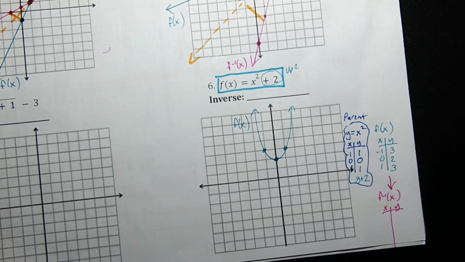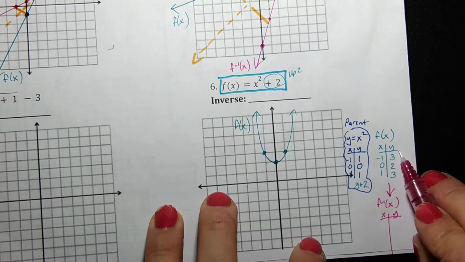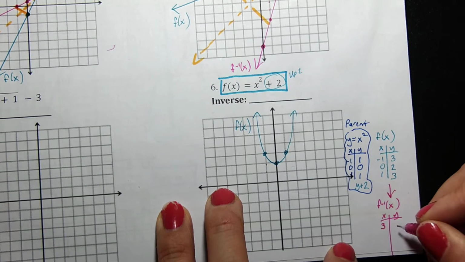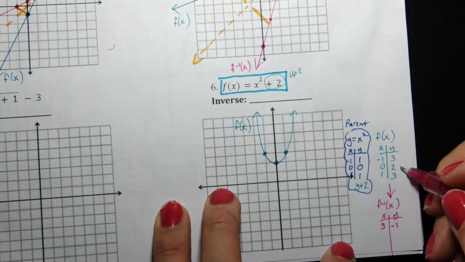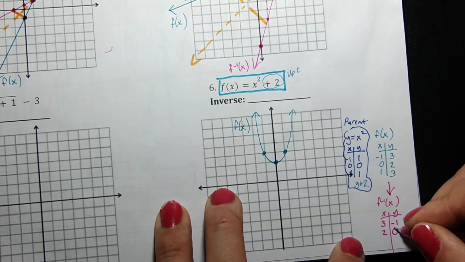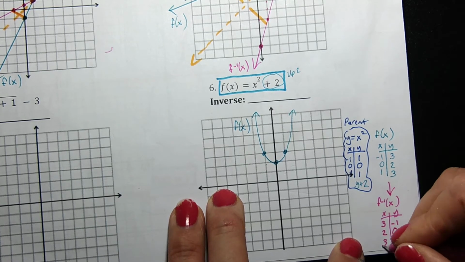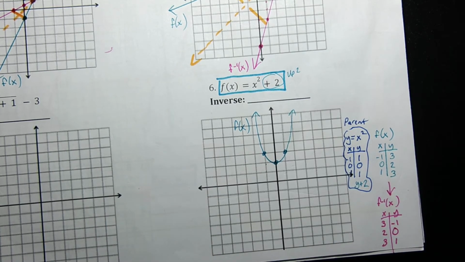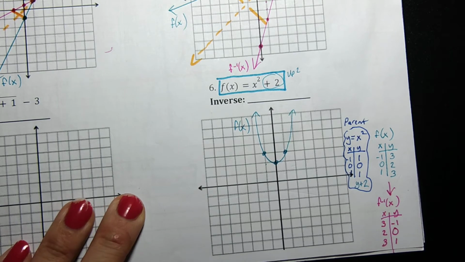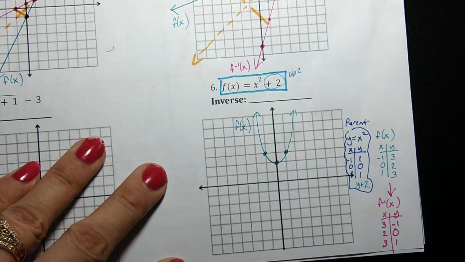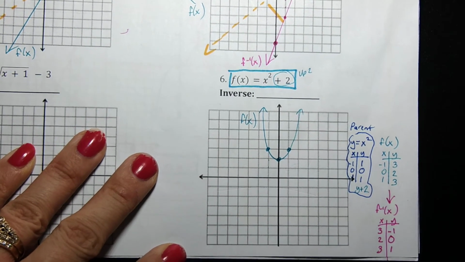So how do we find those inverted points? We flip-flop all those x and y values. So instead of -1, 3, we'll have 3, -1. Instead of 0, 2, we'll have 2, 0. And instead of 1, 3, we'll have 3, 1. So we inverted the f of x table to get the inverse table.